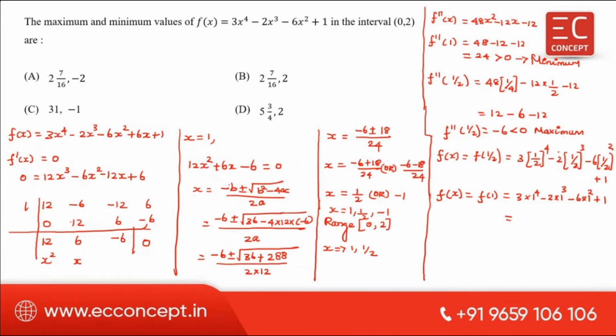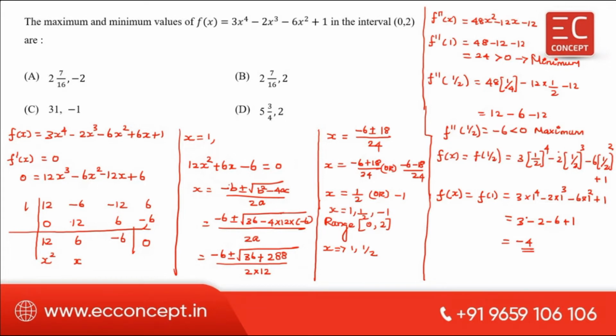So answer for this question, so this is equal to, you will get now 3 minus 2 minus 6 plus 1. So this is minus 8 plus 3 plus 4, right? So minus 8, so minus 4. So one value, this is minus 8 plus 4.